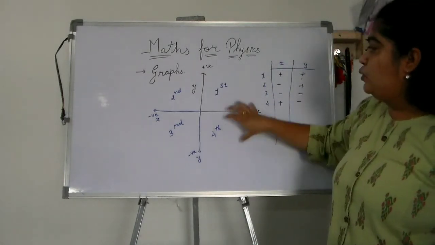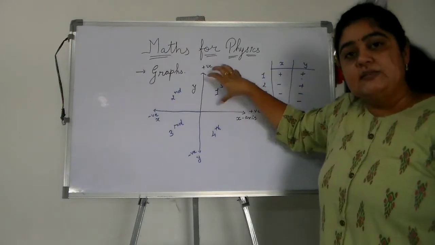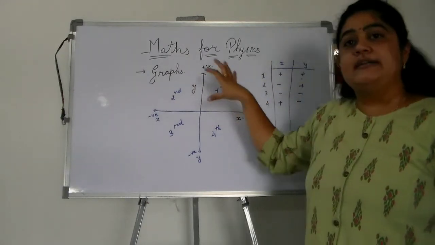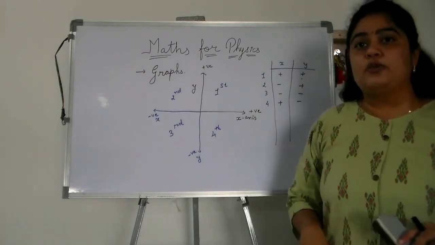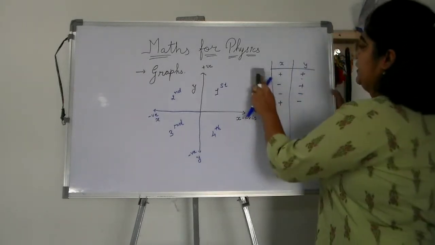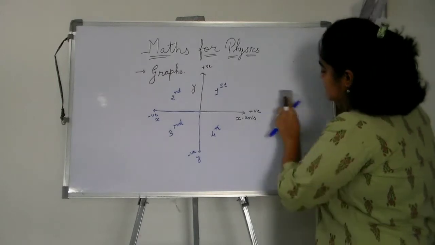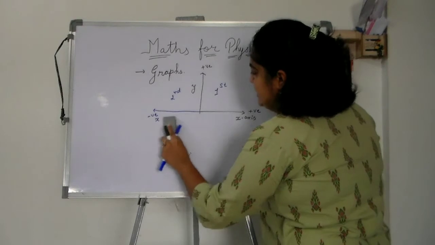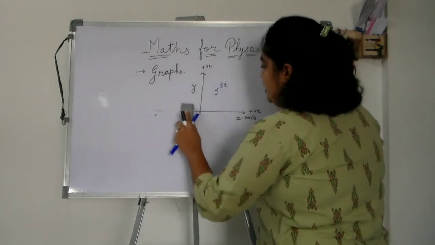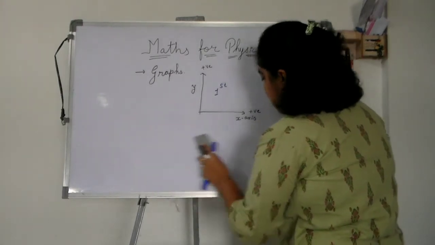Now I have taught you what is x-axis, y-axis, what is the first quadrant, second quadrant. So these concepts will be very much useful to us while we learn physics. Now let us learn to interpret the graph. For time being, let us just concentrate on positive x and positive y-axis only.